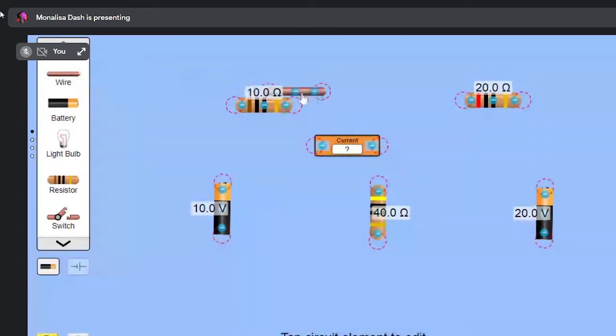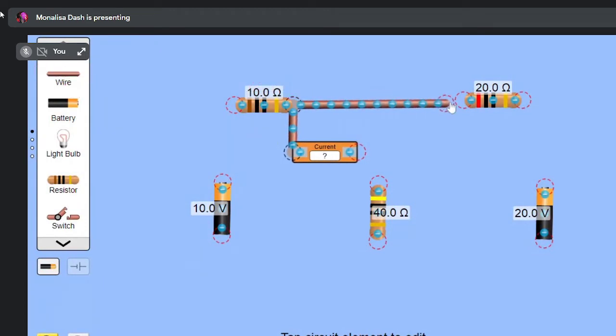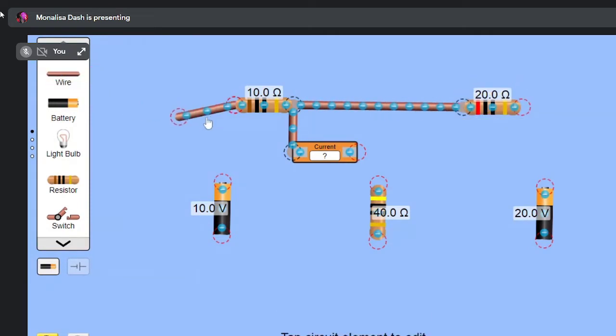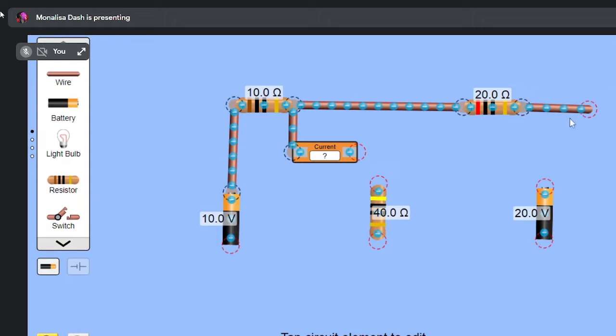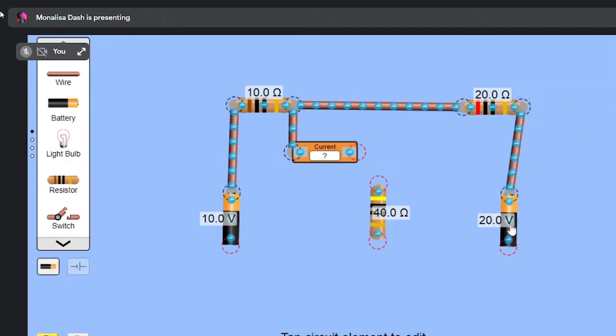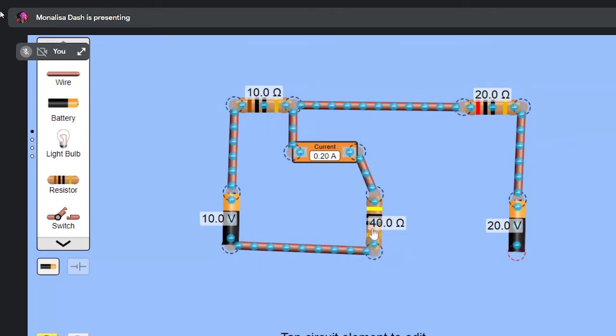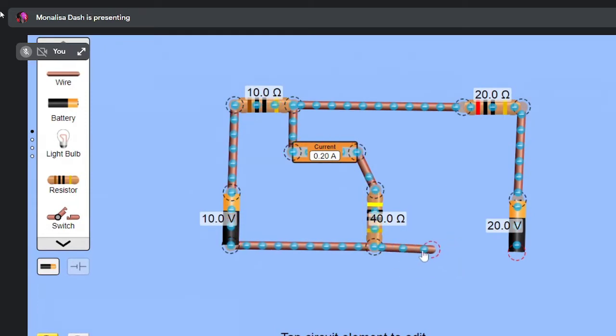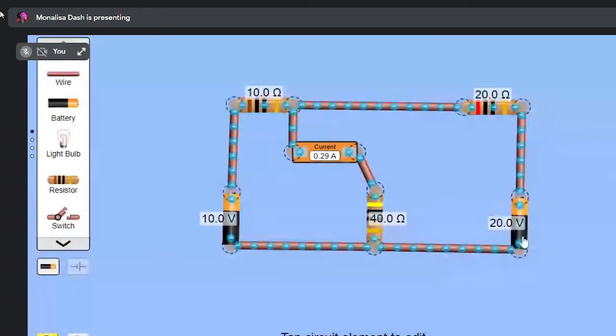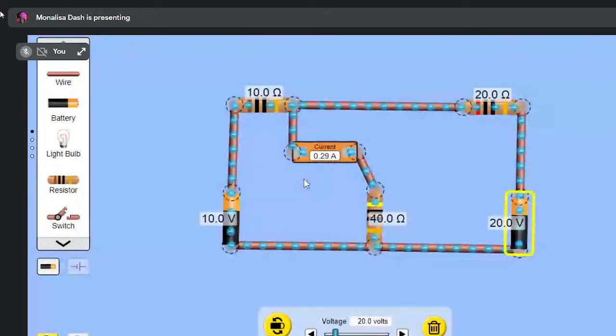So now I'm connecting to the circuit. So see here, the current is coming 0.29 ampere.